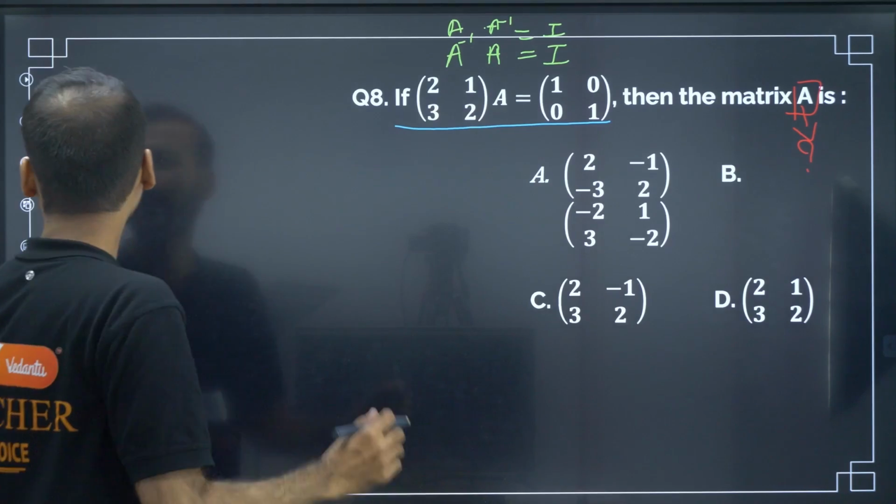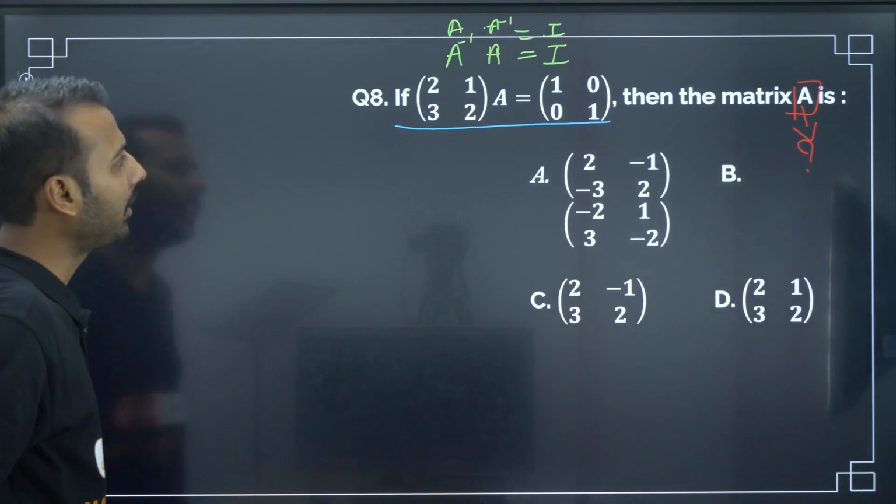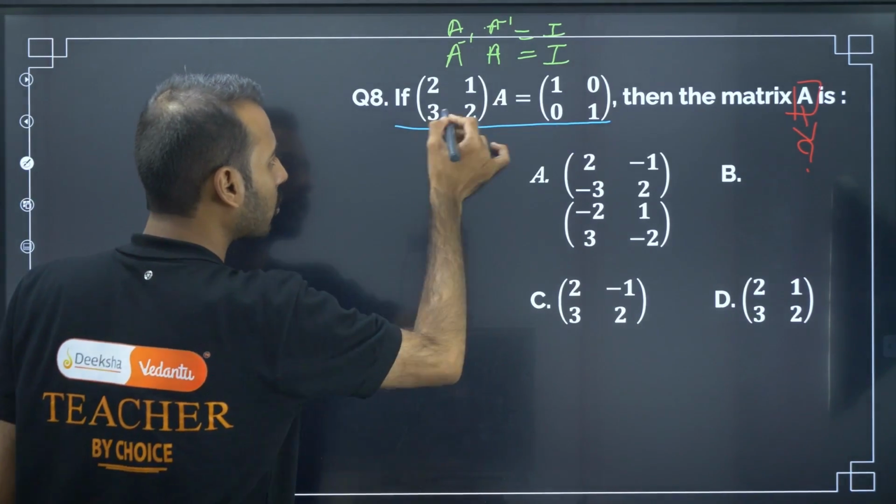That's why we are getting the product as identity. These both are inverse of each other.